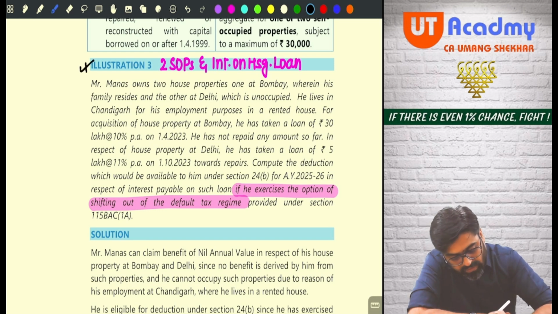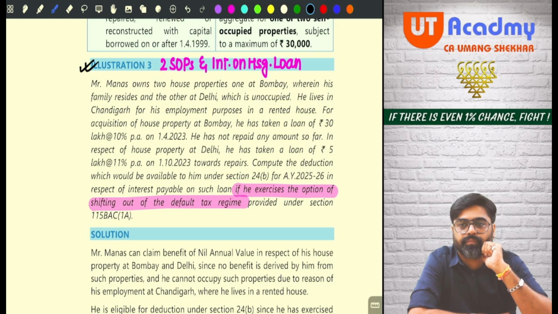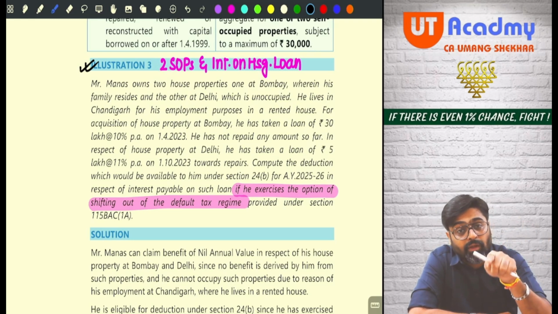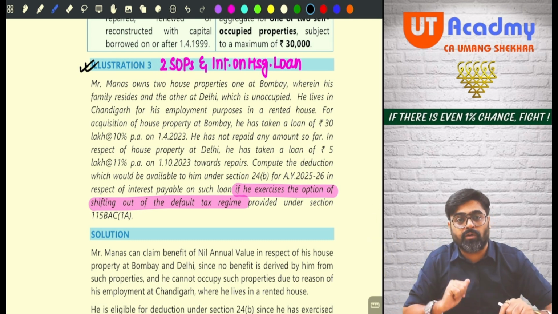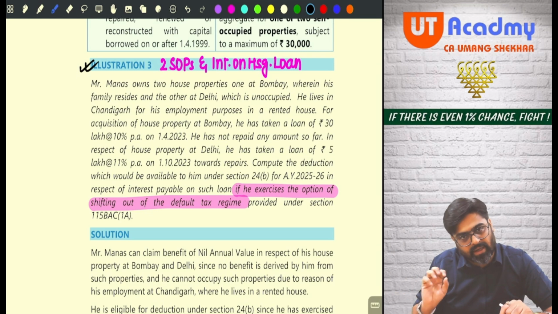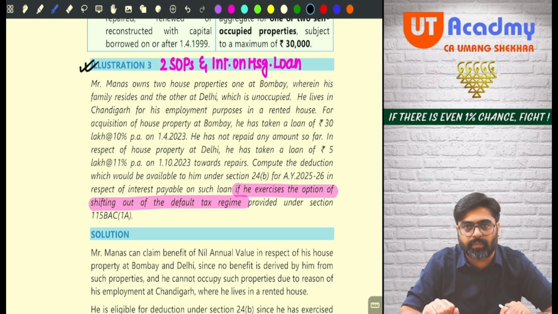Got it? Please pay attention. Now, in this question, they are telling you two SOPs are there. Both the SOPs are having interest on housing loan. Will you get any deduction for interest on housing loan if you shift out of 115 BAC? Yes. Then from SOP, whatever interest is there, you will get the deduction for that, maximum 30,000 or 2 lakh as the case may be.